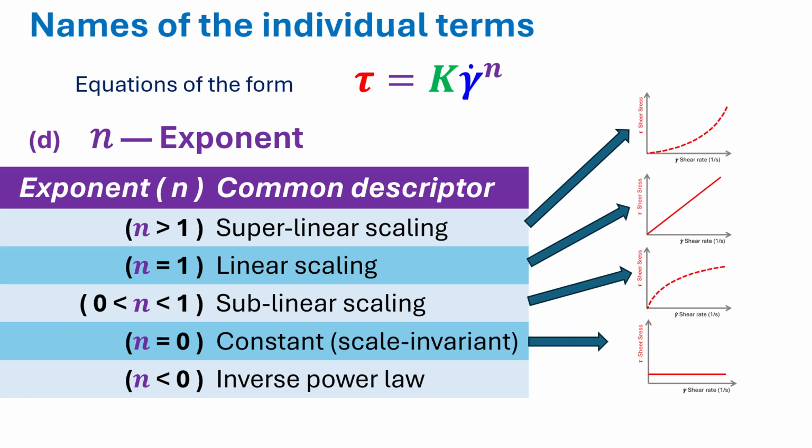So in essence, whatever value of shear rate, it will always give 1, and you multiply by your k value, so you'll always end up with a constant coming out of the equation. This gives us a lot of flexibility in modelling our data with just a very simple set of numbers.